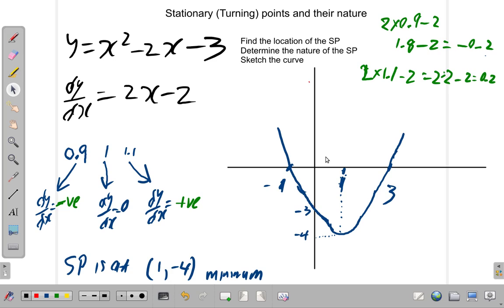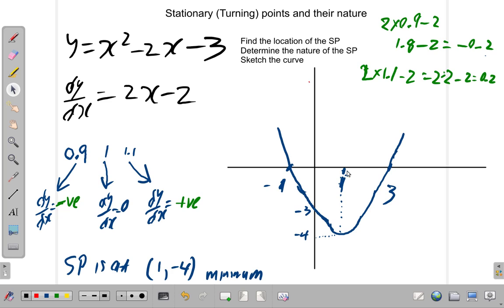So from the left it was high, we had to go down to the stationary point and then go back up to the y value on the right. So we had to go down and then up, meaning we had a minimum point. Then we used differentiation as the next method of finding the nature of the stationary point.